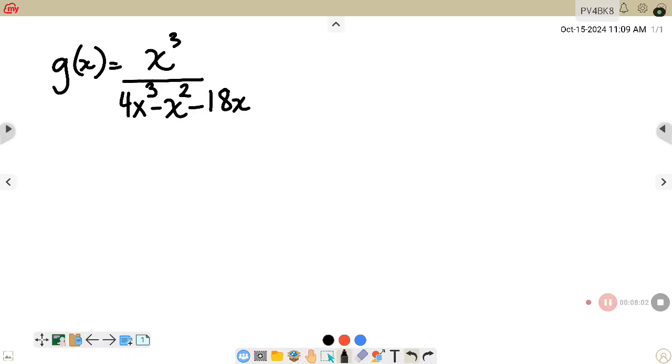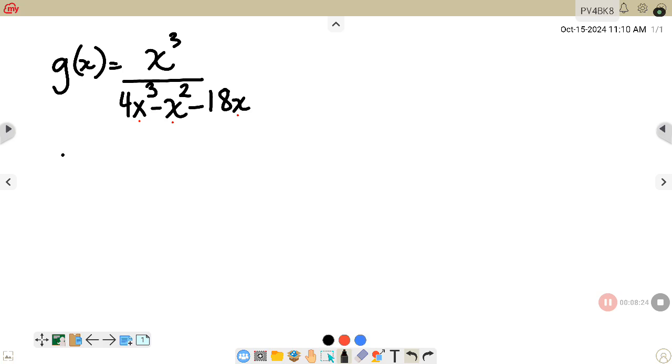All right, last example. G of x equals x to the third over 4x cubed minus x squared minus 18x. So I am looking for zeros of the denominator. What I notice first is that all three terms have an x in common.